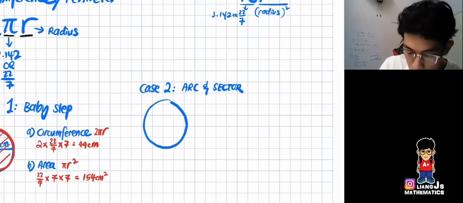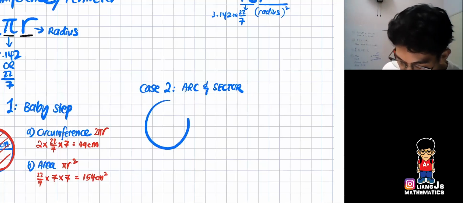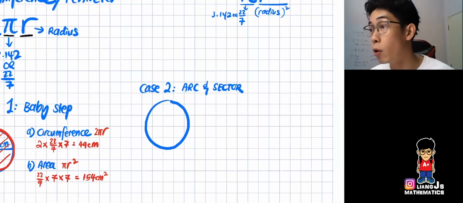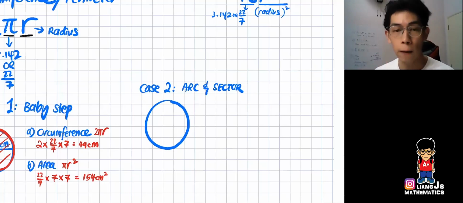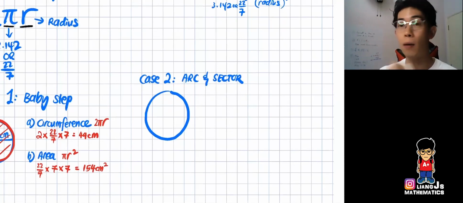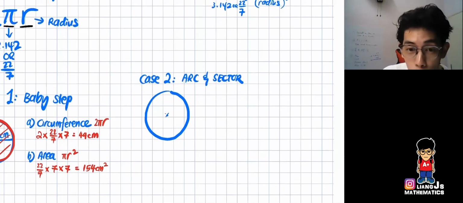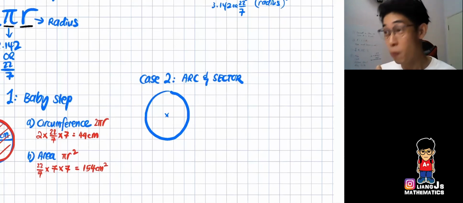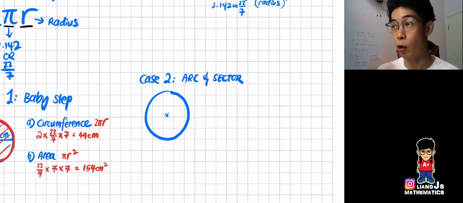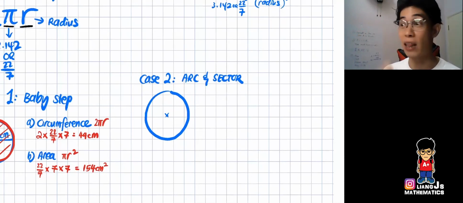Now let me see who is this student just now that asked me this question. Okay, Yonglin, see this. Can you see I draw a circle already? Just now I'm designing the question. So when I design the question, I'm going to tell you that this is the center. So this center, what I do is I put a cross there. That's the center. No meaning. It's not unknown or what. It's just the center only.